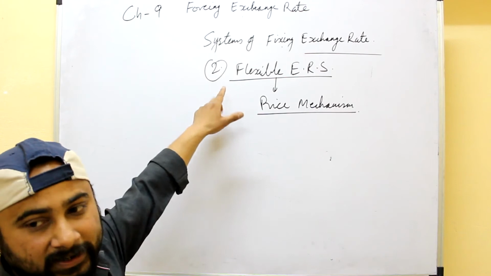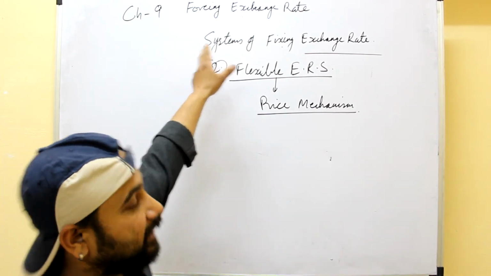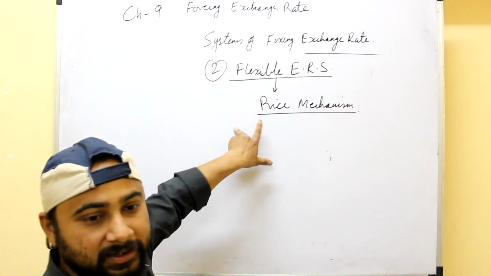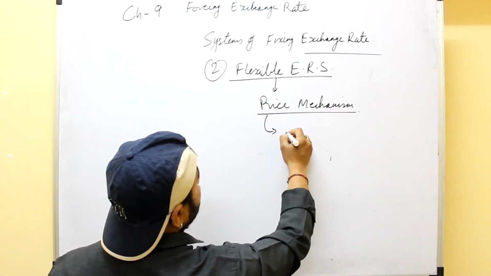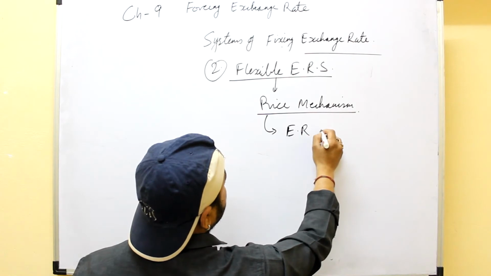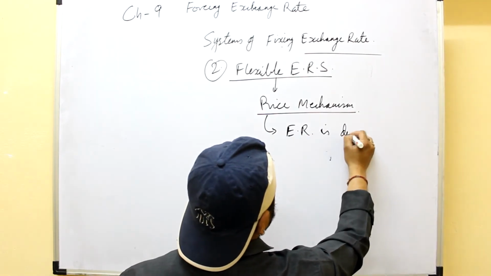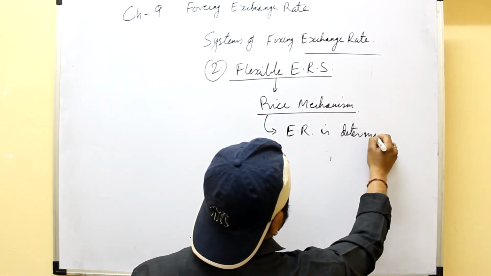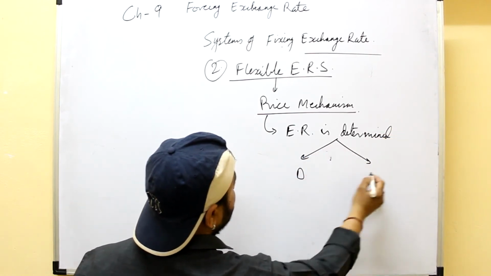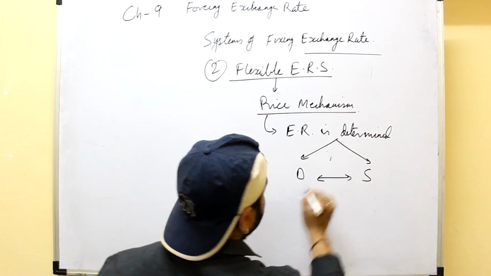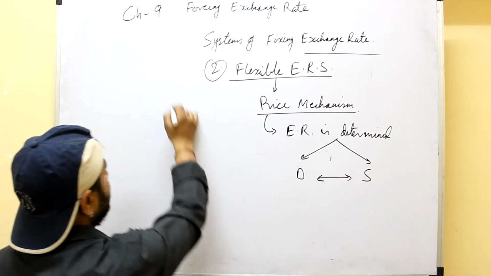And just recall the definition of foreign exchange rate. It is the price of one currency in terms of the other currency. So it means here the exchange rate is determined on the basis of demand and supply of the foreign currencies in an economy.